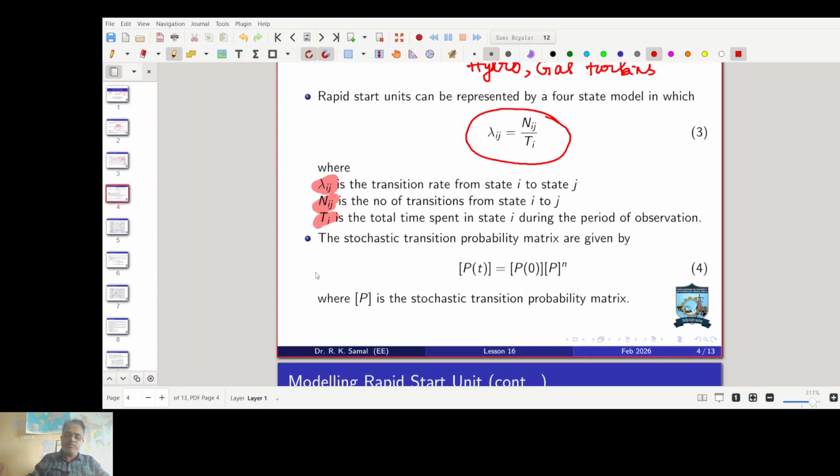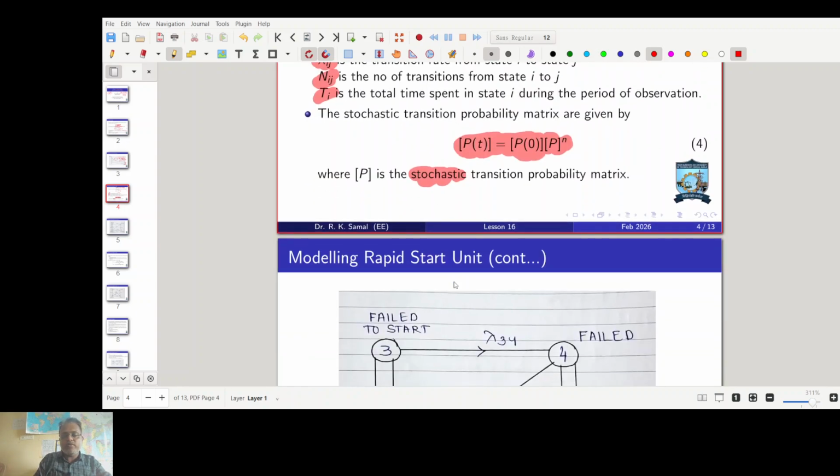The stochastic transition probability matrix in this case will be given by the current state into the number of transitions in the exponential.